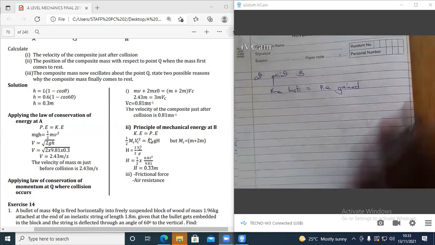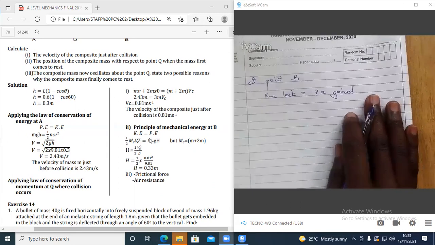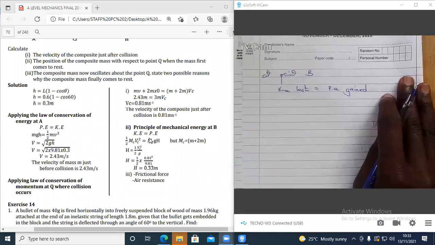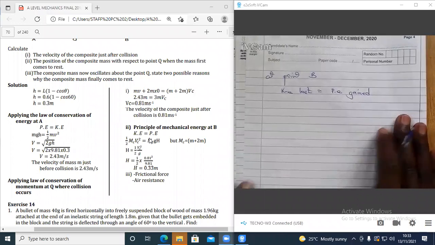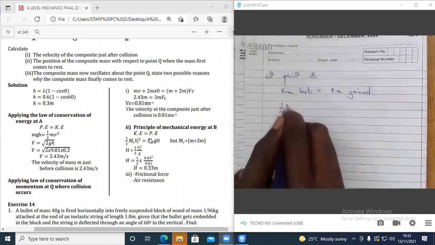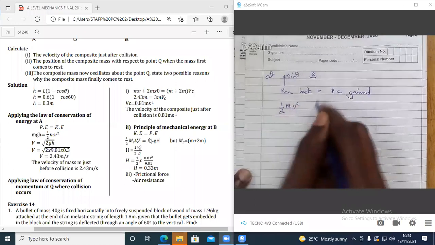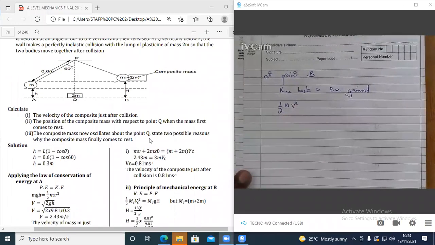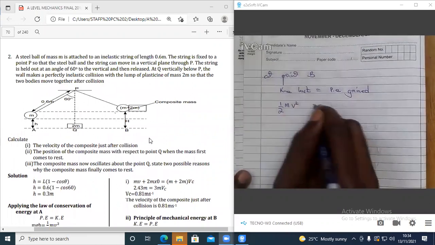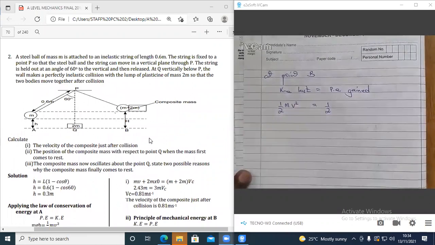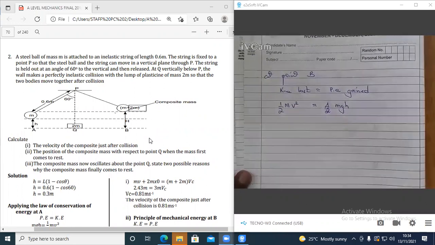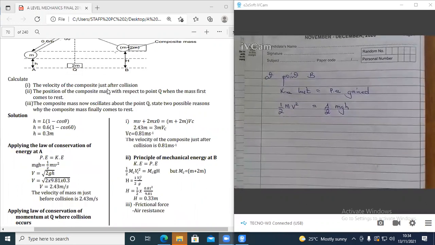So we are just playing around with the formula there. If you remember the swinging pendulum, how mechanical energy is conserved. So we have half mv squared, because that one is taking place after the impact, equals mgh.